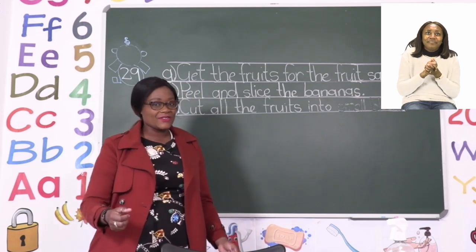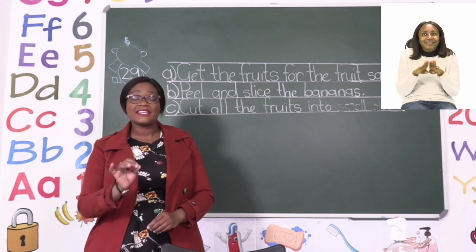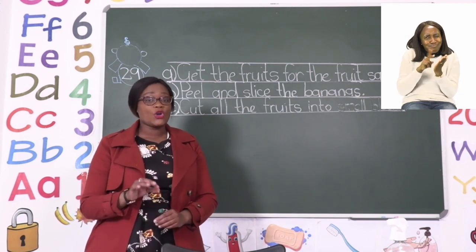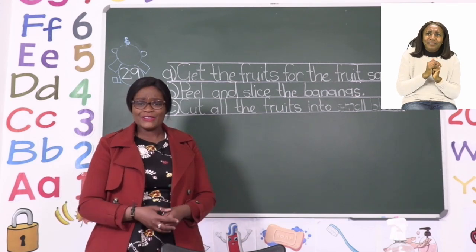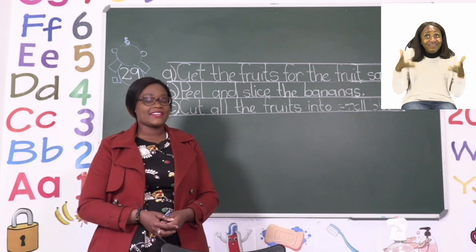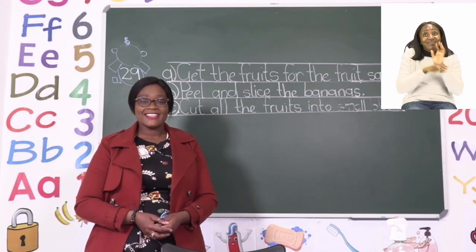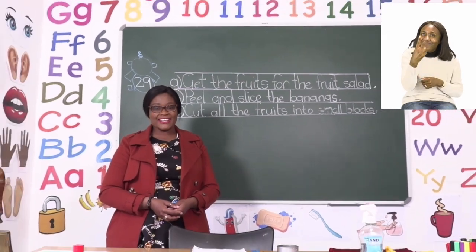Now the rest of the sequence you're going to do by yourselves, and please read each sentence carefully. Copy carefully as well. And then maybe later on you can try and make your own fruit salad, because fruits are very healthy for us. Take your time, shape your letters, and I'll see you soon after the advert break.